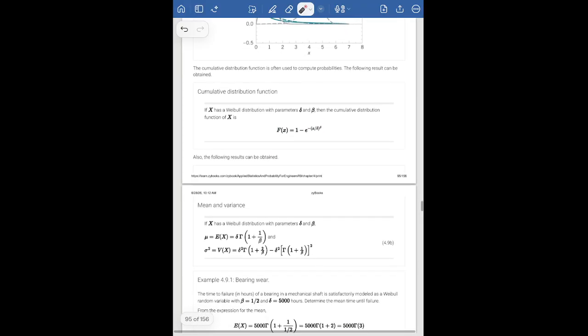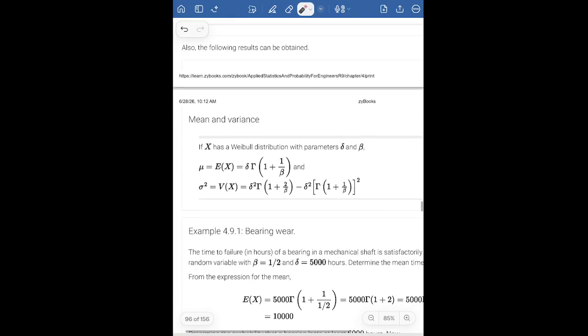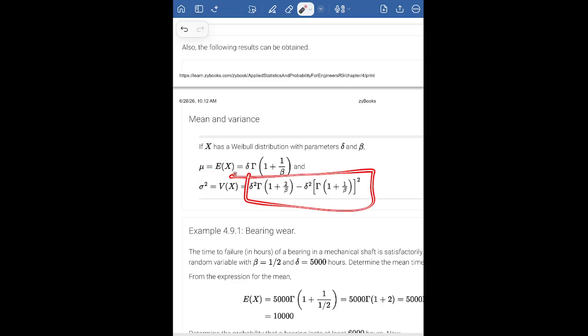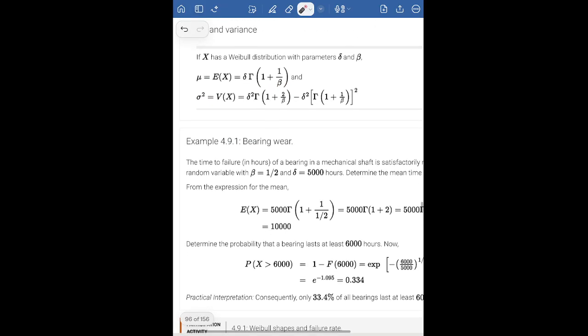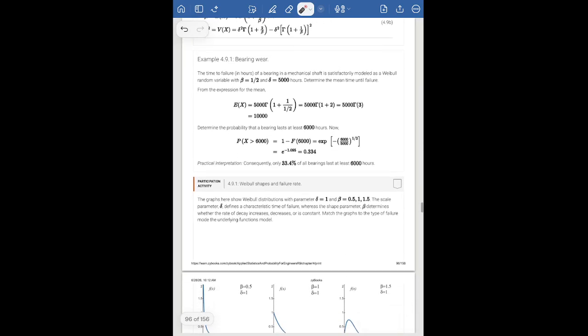Okay. Another function of x. The mean and variance are calculated in this fashion. Mean, variance. And here are some examples for how these distributions work.